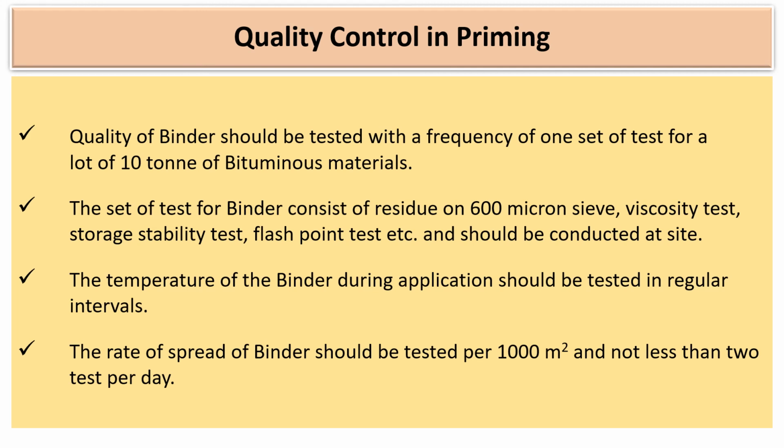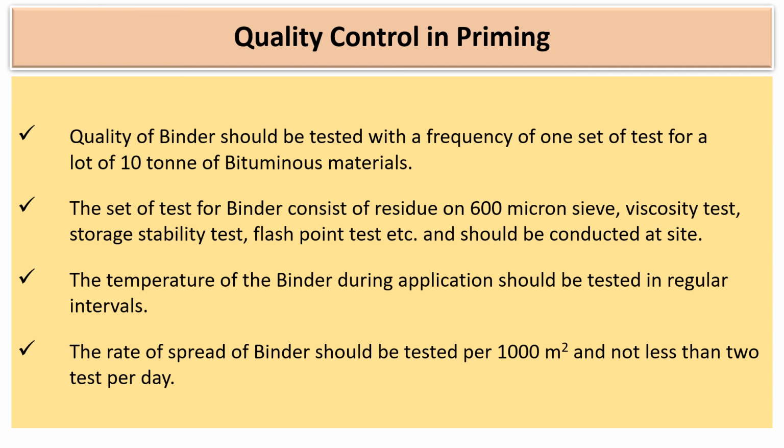Here, in the application of priming, the quality of the bitumen emulsion or cutback bitumen should be tested with a frequency of one set of tests for every lot of 10 ton of materials in use. The set of tests for both materials consists of test for residue on 600 micron sieve, viscosity test, storage stability test, flash point test, etc., depending upon the material used at site.